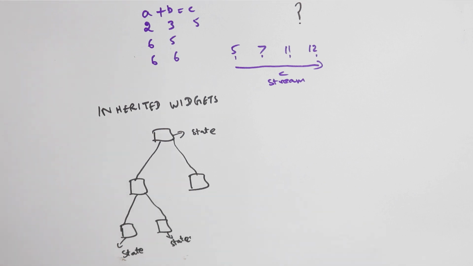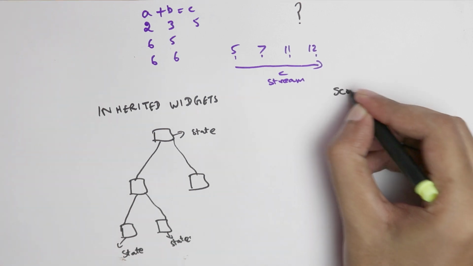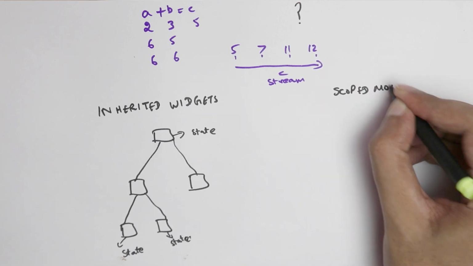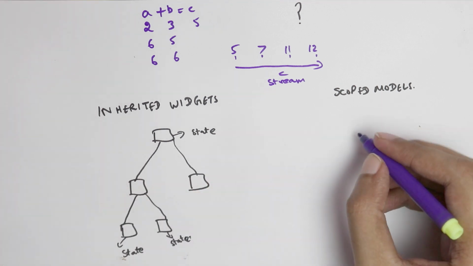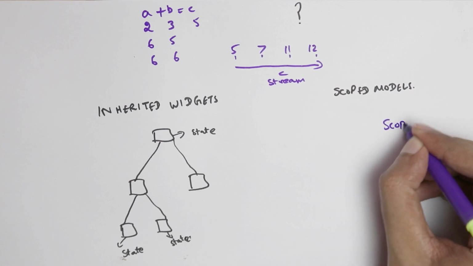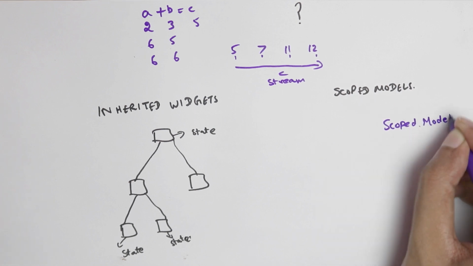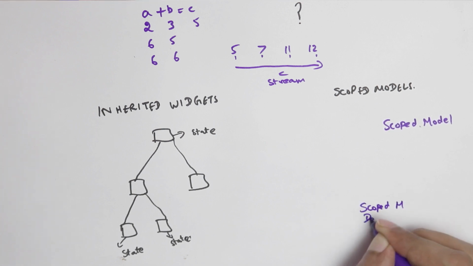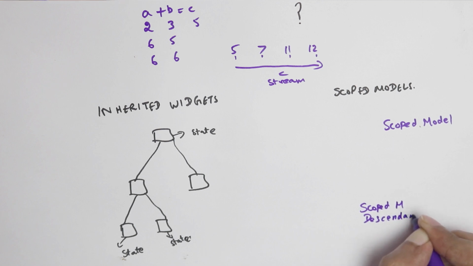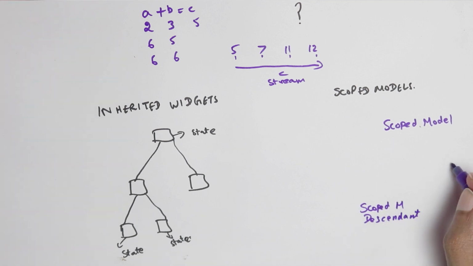There is another way called scoped models. Now, scoped models is another simple technique to maintain state in your application. In this, we have something called a scoped model, and we have something called a scoped model descendant, SMD.